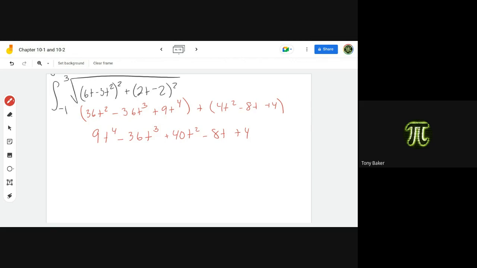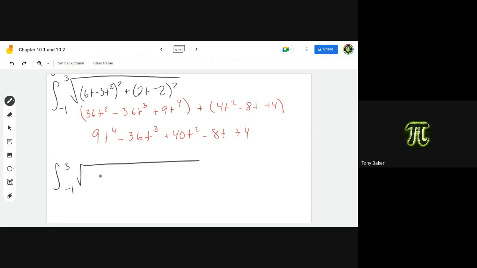So we have our integral from -1 to 3 of the square root of that big mess.